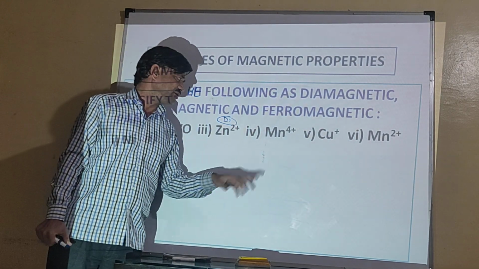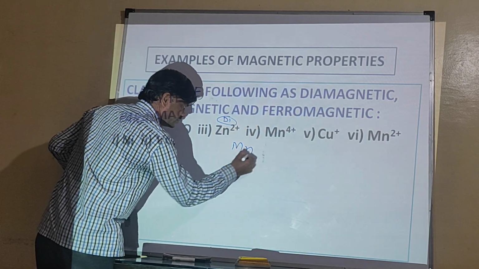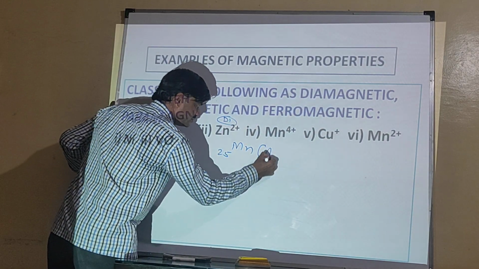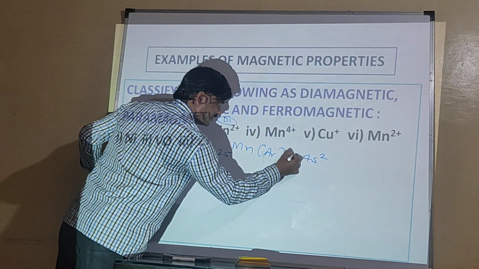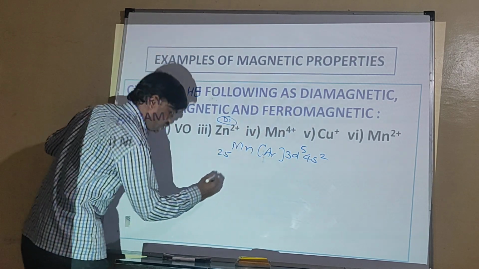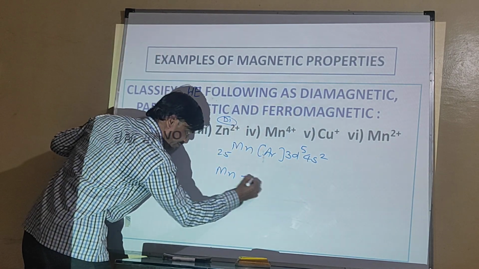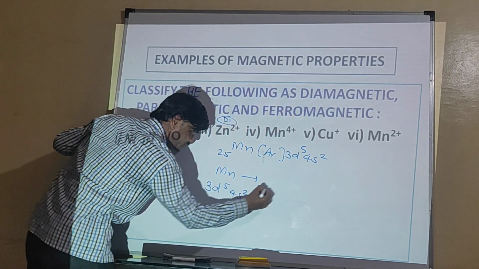Mn+4 ion. So what does the Mn+4 ion indicate? This is Mn 25. This is argon 4s2. 18 plus 2, 20. So what does this become? 3d5. What charge are we expecting here? Plus 4. So tell me Mn having configuration, which one? 3d5, 4s2.